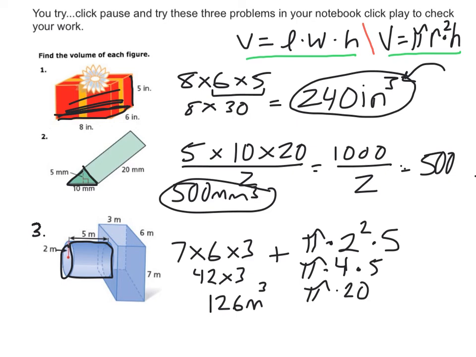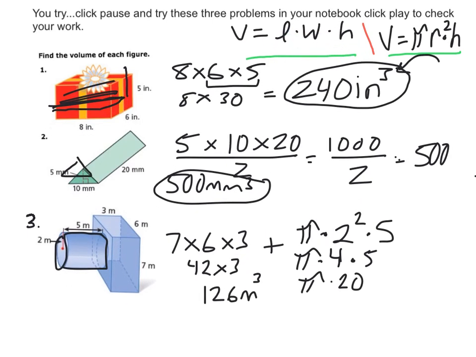So I went over to my calculator, plugged it in, and I got 62.8 cubic meters. I used 3.14. So if you used the button pi, you might have a slightly different answer, as long as it's in the ballpark.